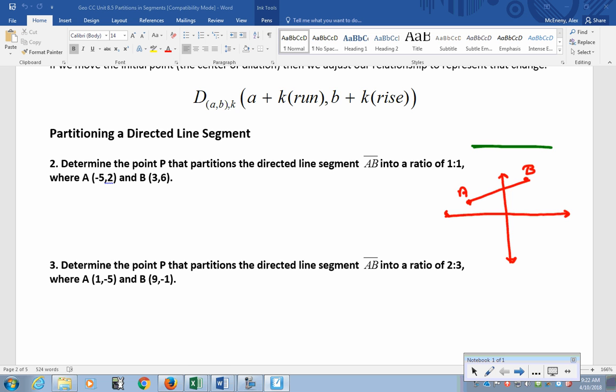They want a ratio of 1 to 1. In that case, the ratio is 1 to 1, which means there are 2 parts. And after the first part is where we want to put that point, which we'll call P. So it's going to fall, in this case, somewhere in the middle. What you want to do, like the formula says above, is start at A, since A is the first point.